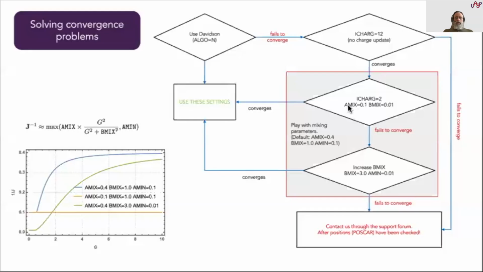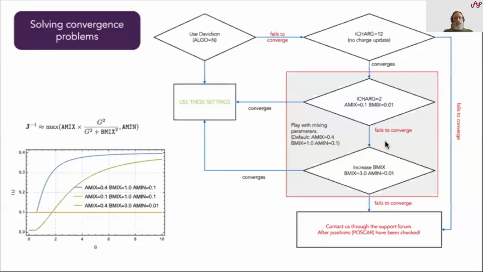The first one is AMIX 0.1, BMIX 0.001. The default was this blue line, and this is this line here. So this is essentially straight mixing, but with a strongly reduced mixing coefficient. AMIX has gone from 0.4 to 0.1.